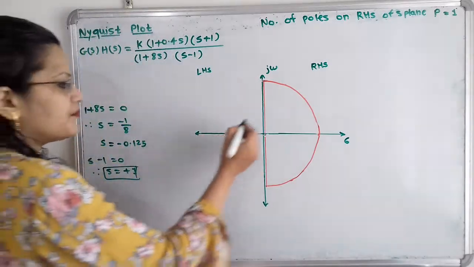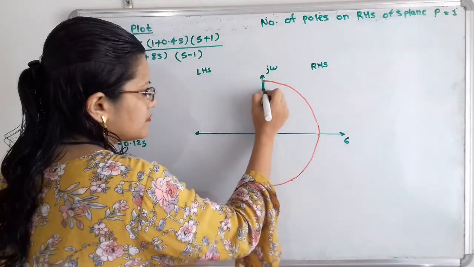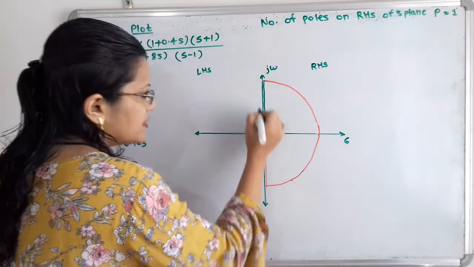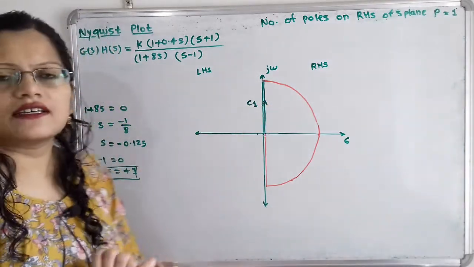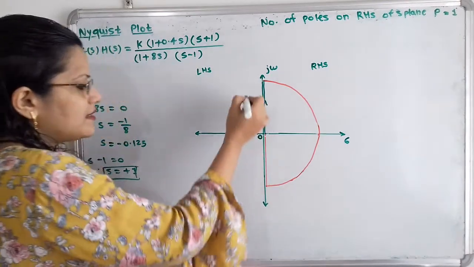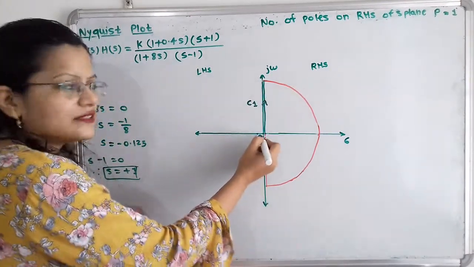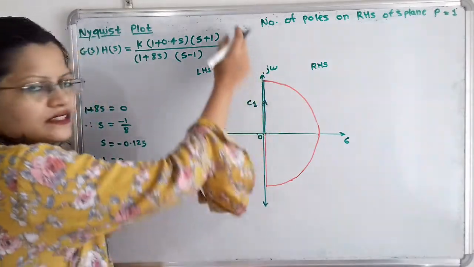Now here I will highlight section 1. This section is known as section C1. Now how will we understand this section? Here is the origin, which we will say is 0, and it moves along the imaginary axis in the upward direction.